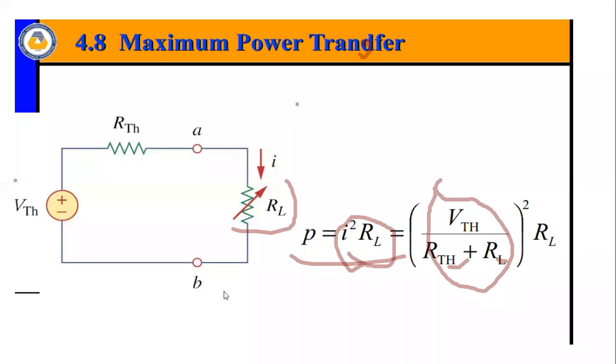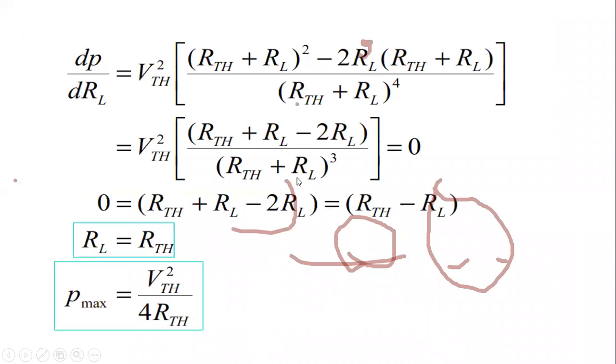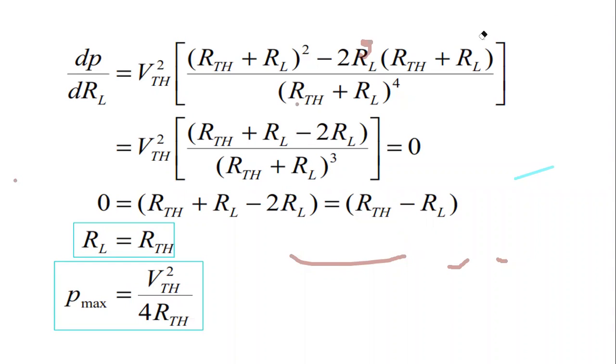Now I want to maximize this power. You have already studied maxima minima in +2. For any maximization, like we want to maximize the power, definitely we have to go for differentiation. So we'll take the derivative dP by dRL, differentiating that equation with respect to RL.